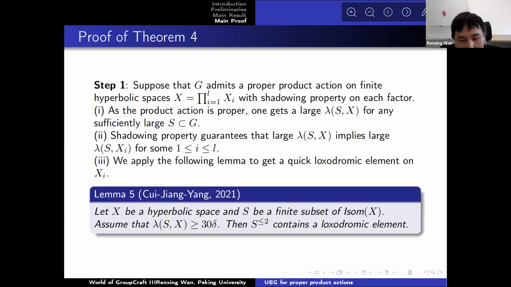Okay, it says that for any finite subset of isometries of a hyperbolic space X, if the displacement of this subset is bigger than 30 delta, then there is a logarithmic element that can be expressed by at most 2 letters in the subset. This is what the lemma says. Okay, so following step 1, we can get a quick logarithmic element.